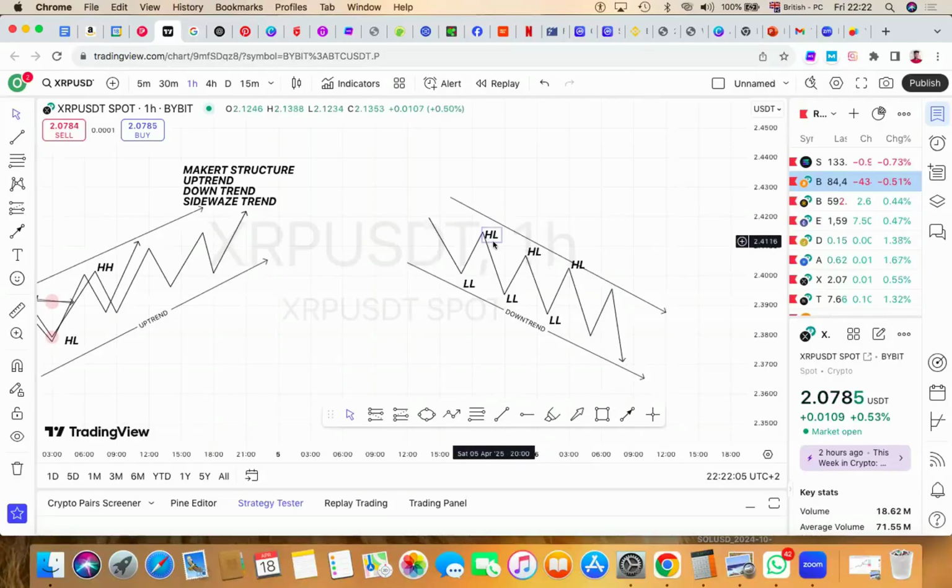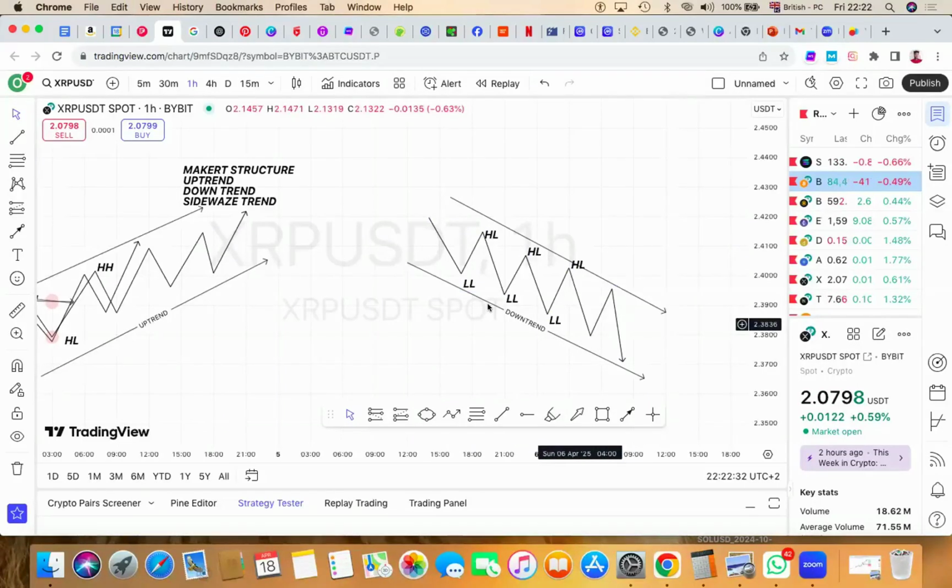This is a low, and this is a higher low because this is a high, but it's lower than this previous one. This is a high, it's lower than this recent high here. So here it is creating a low, and the next low is lower than the previous one. So this is a downtrend scenario.